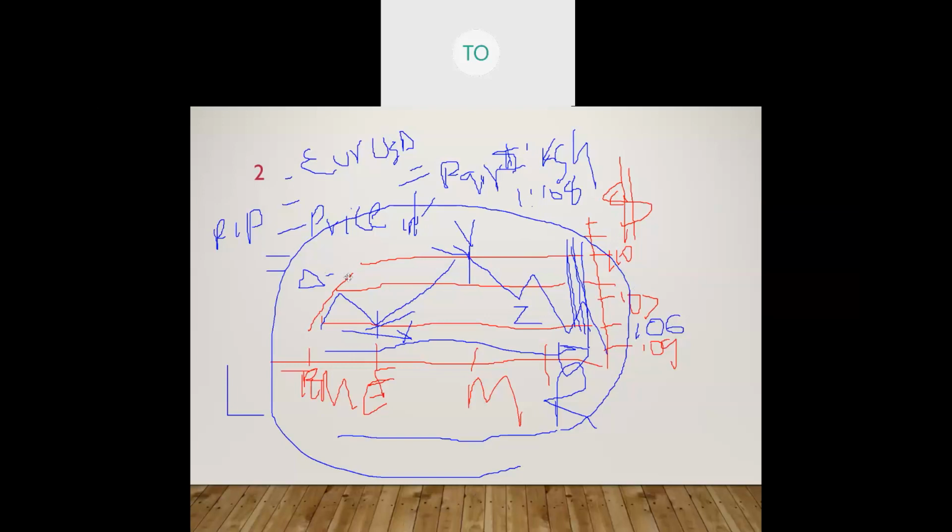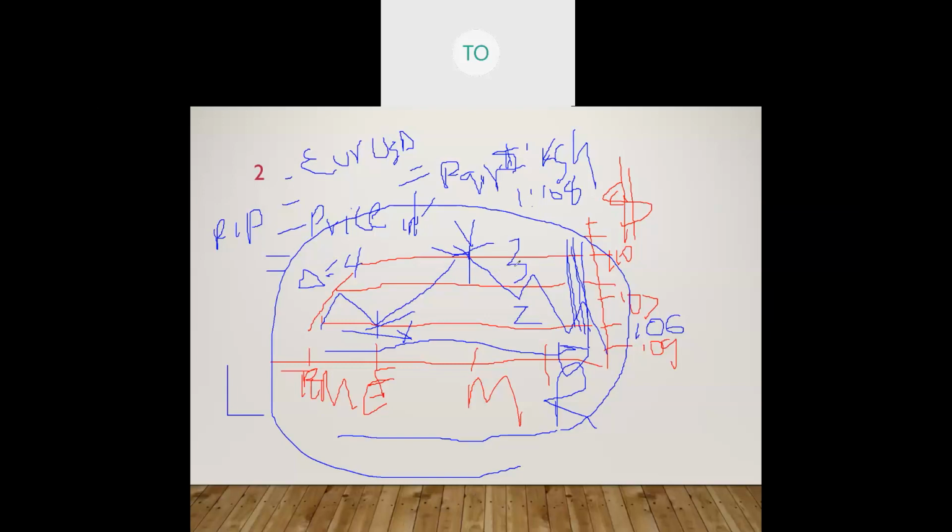Okay. Now that is going up. Now if you're going down, again, the idea is the same. The change of value from Y to Z. So Y is 110 and Z is 107, and the difference is 3. So that 3 is actually called 3 pips.